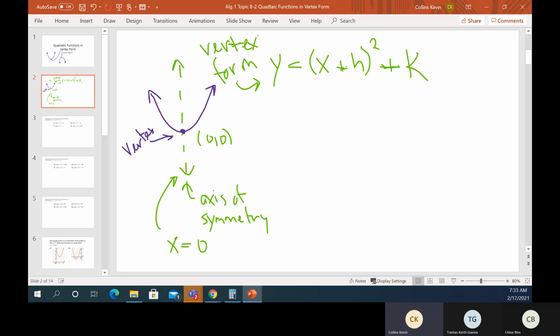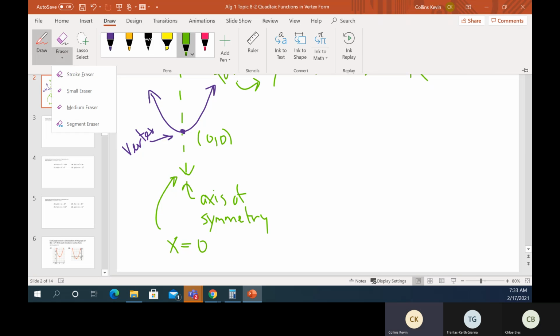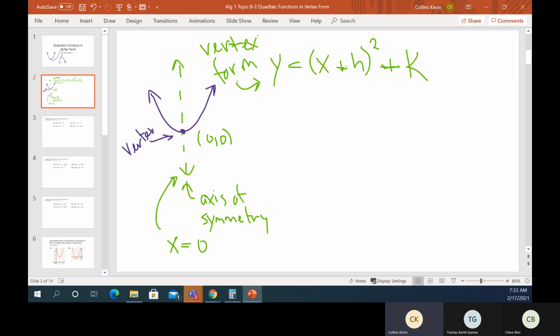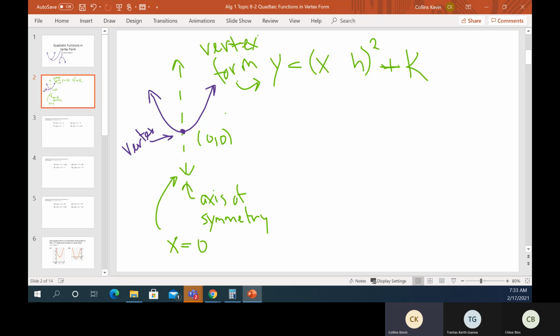Just a second, let me fix this, because this is kind of important. This guy is actually minus. Okay, that's vertex form. My bad.